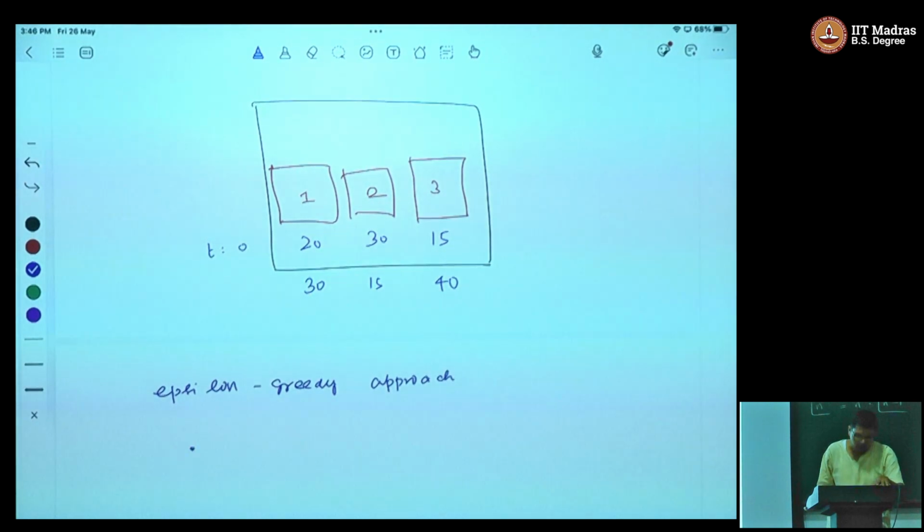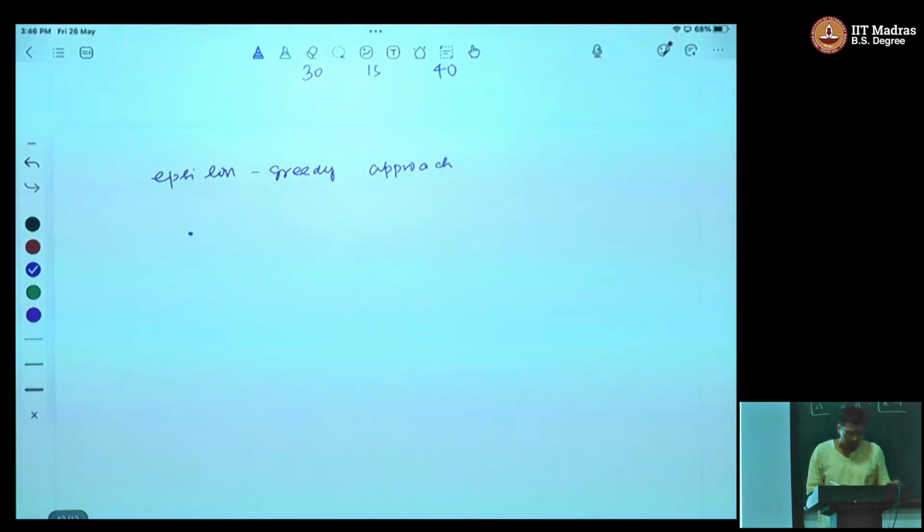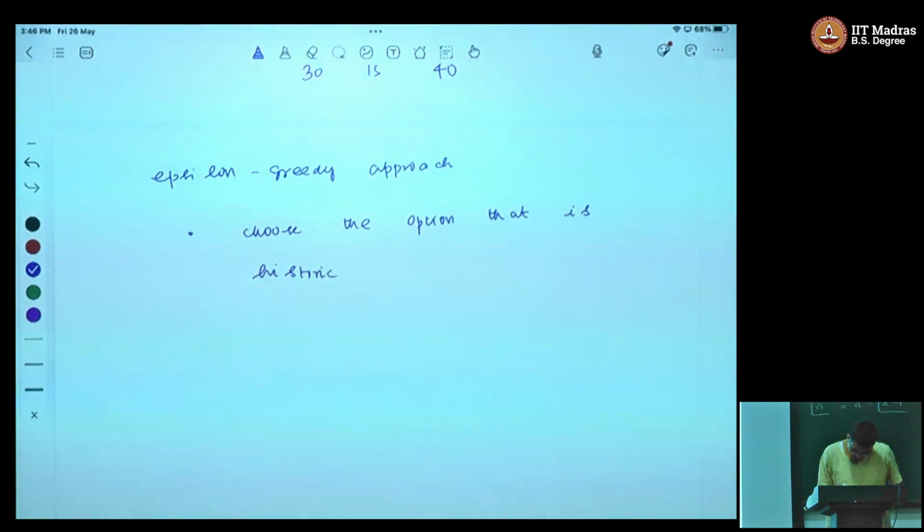I have historical data, and I play the action, or choose the option, that is historically the best with probability 1 minus epsilon.